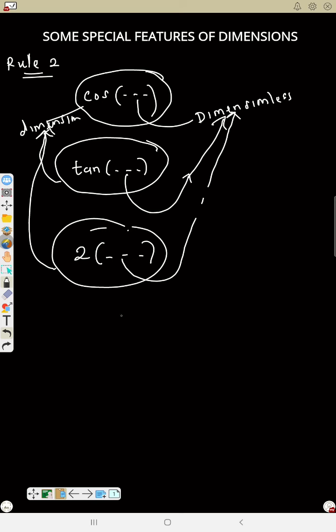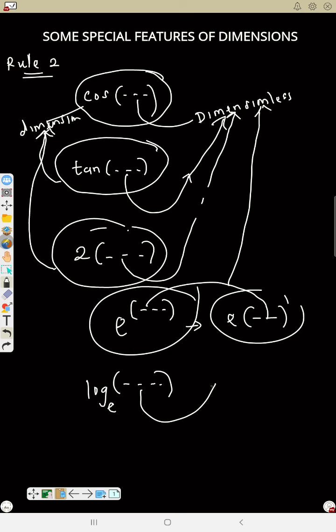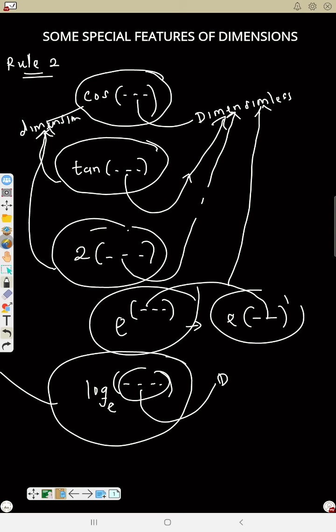Now even if it is e raised to power anything, whatever comes inside the brackets is dimensionless, and the whole expression is also dimensionless. Again, if we have log base e, anything inside that follows is dimensionless, and the whole is also dimensionless.